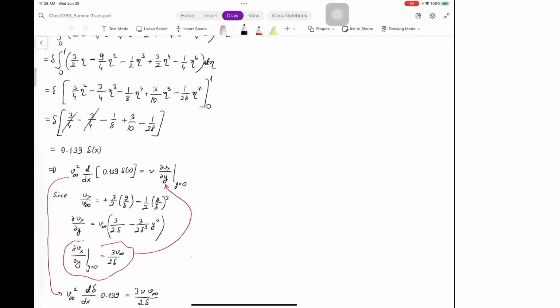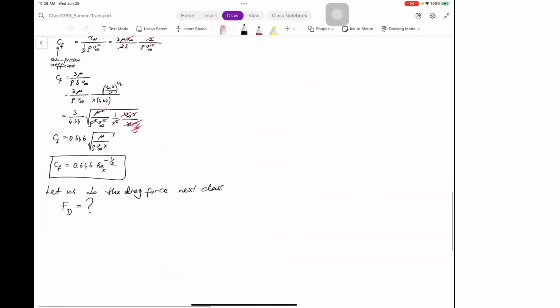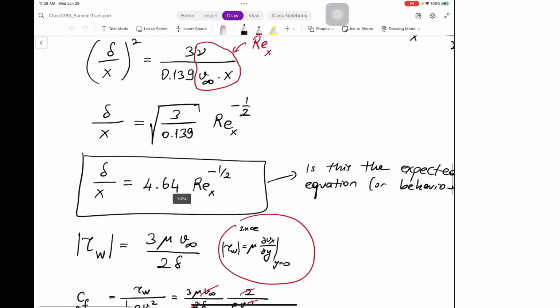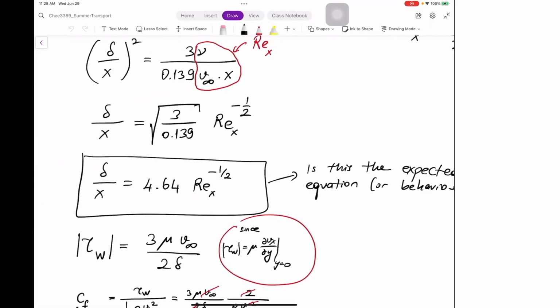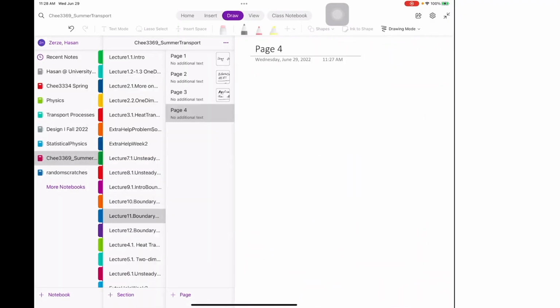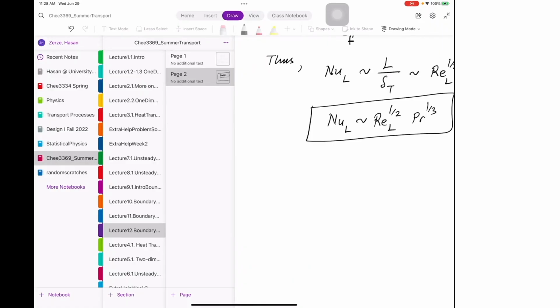We did this analysis and we solved for delta, the boundary layer thickness as a function of x. So we're going to do a similar thing to calculate this for the thermal boundary layer.